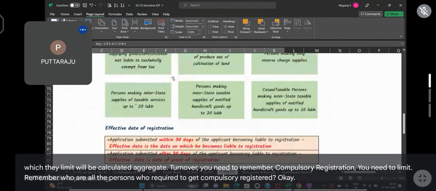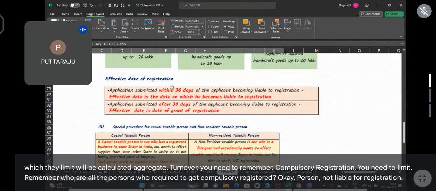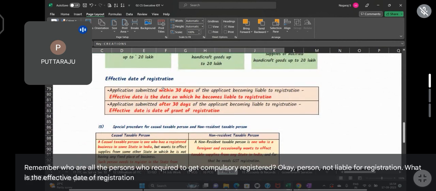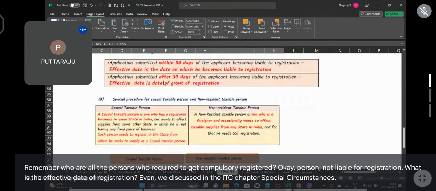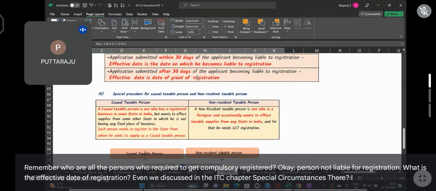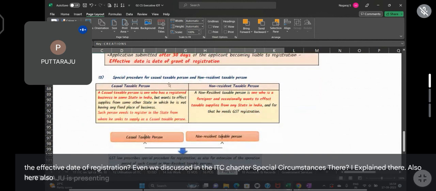Persons not liable for registration. The effective date of registration, which we discussed in the ITC chapter, and special circumstances.